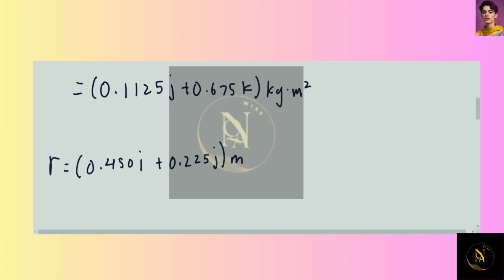And next we're going to find the velocity about the mass center. So that velocity is going to be equal to the angular velocity omega 1 times the r vector. So v is equal to 5 times the r vector.